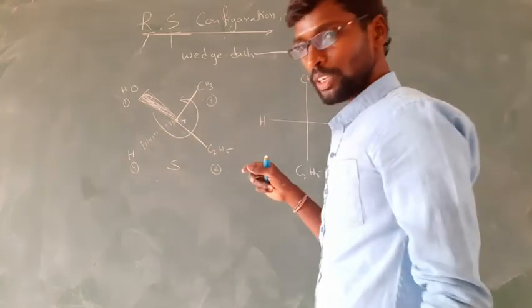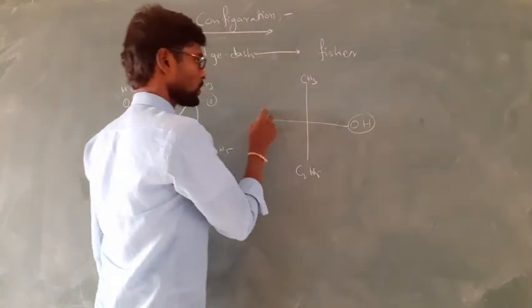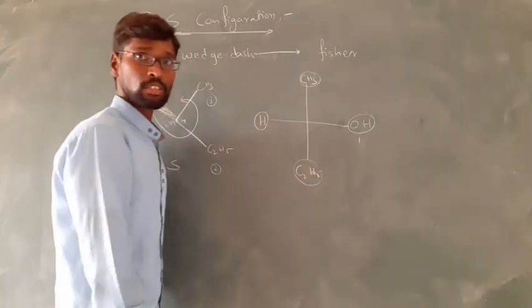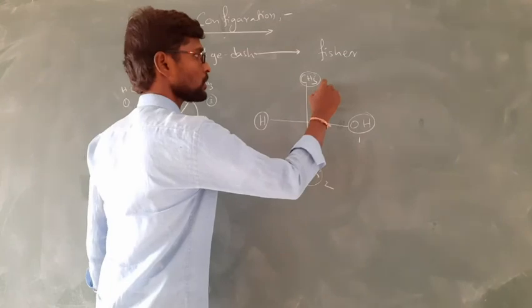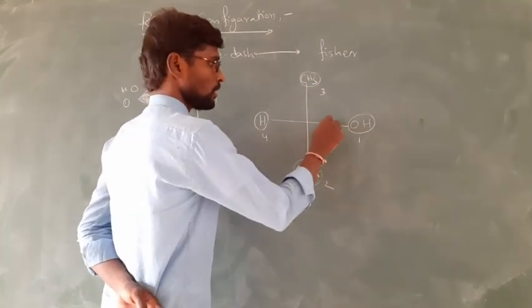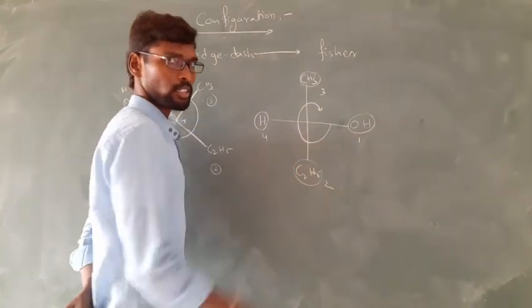So now what will happen here? Now give the priority: H, OH, CH3 and C2H5. Always OH will get the first number, C2H5 the second number, CH3 the third number, hydrogen the fourth number. And again the same thing, 1, 2, 3 is in a clockwise direction.